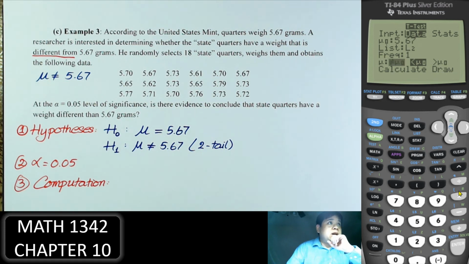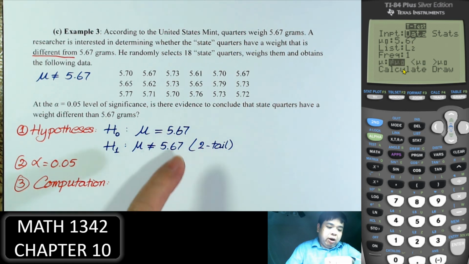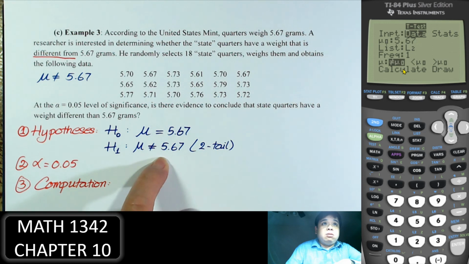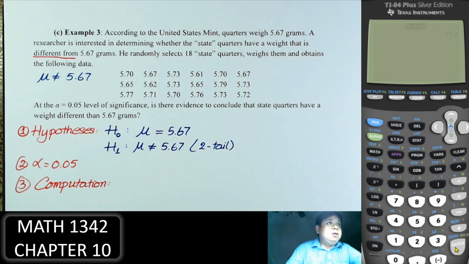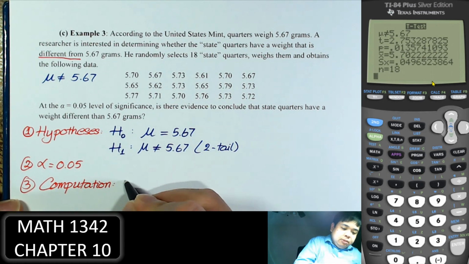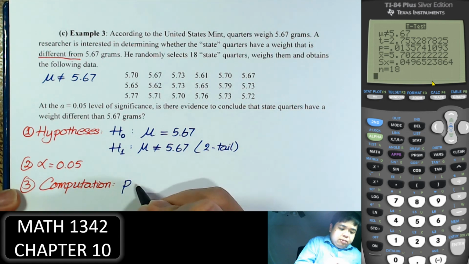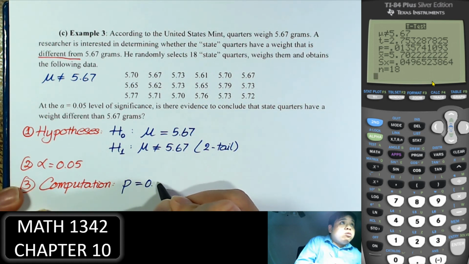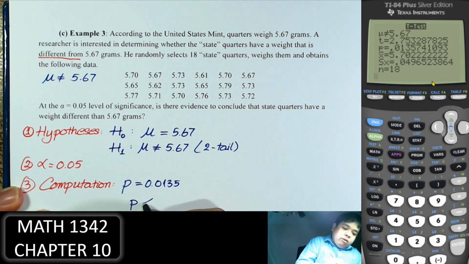So the mean is not equal to 5.67, that's the alternative hypothesis, and then we calculate. Right, I have the p-value is 0.0135, and p is less than alpha, so we reject the null hypothesis.